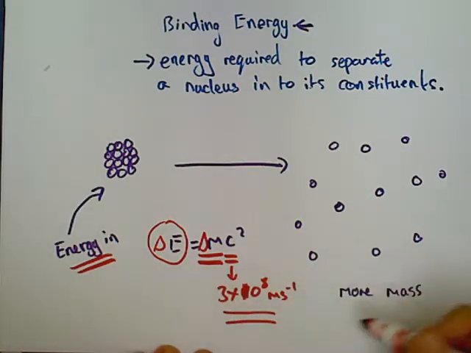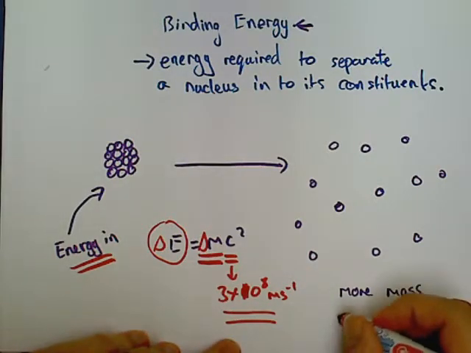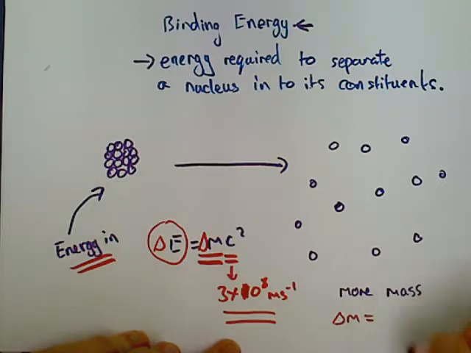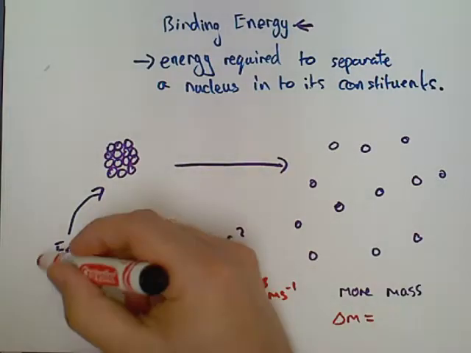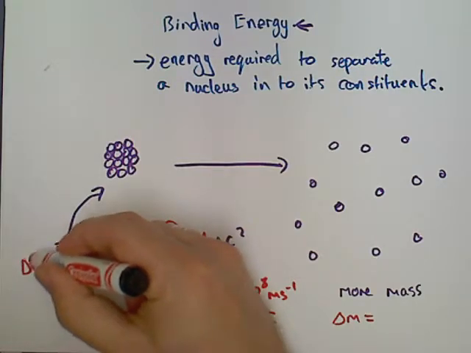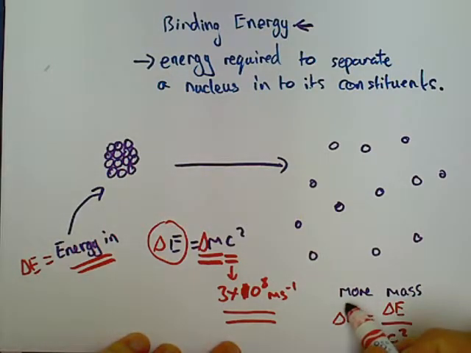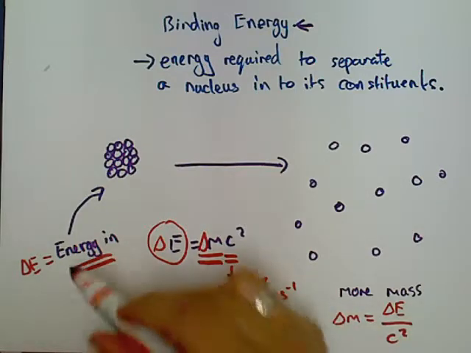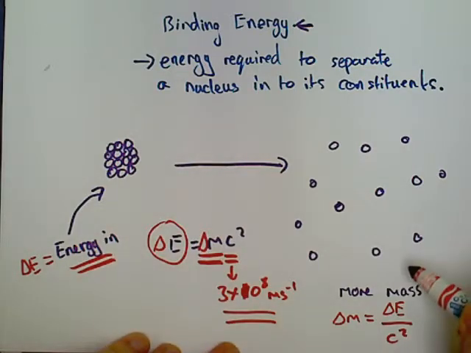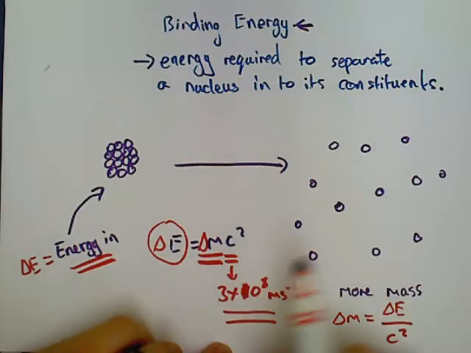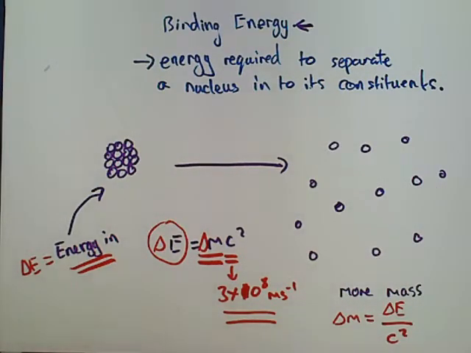So you could almost write this as the gain in mass is equal to the energy that we put in divided by c squared. And that's how much more this would weigh, because you've put energy into this situation. Now, interestingly enough, we could think about this backwards.